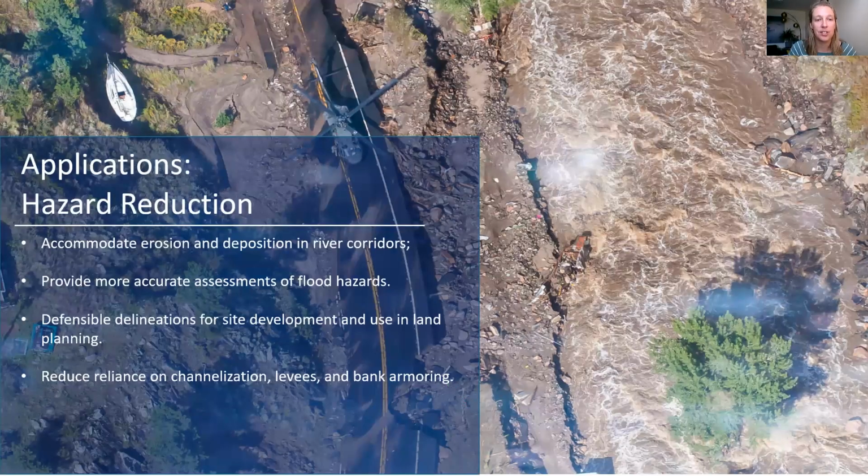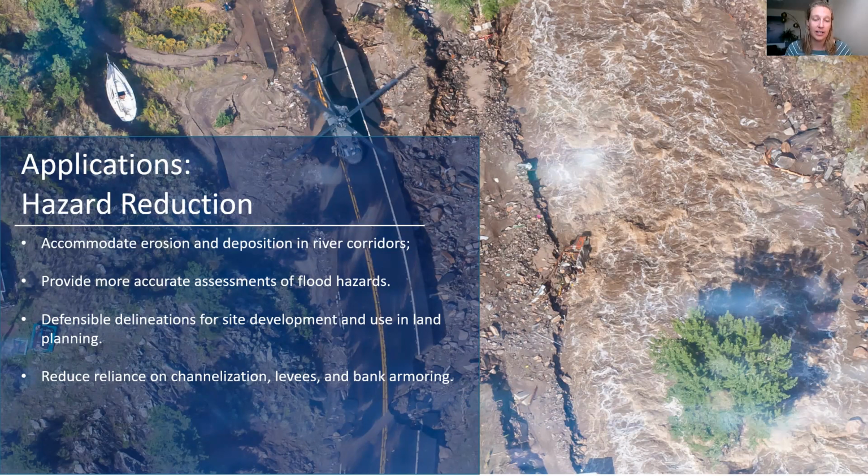So a little bit about use, obviously hazard reduction. And I really hope that these can be used for site delineations, site development and planning review, trying to get as many assets and as many people out of these super hazardous areas as we can.